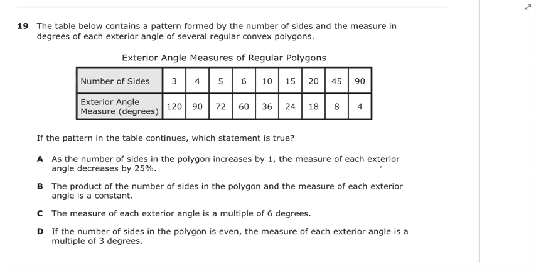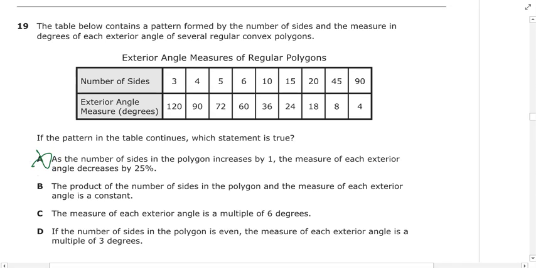What about 90 and 72? 25% of 90 is, half would be 45, so 1/4 would be 22.5. This does not decrease by 22.5. That would be like 67.5. So this isn't true. It doesn't decrease by 25% every time. It just did on that first one. So I don't think it's that one.